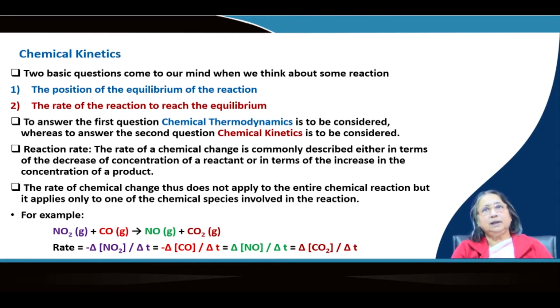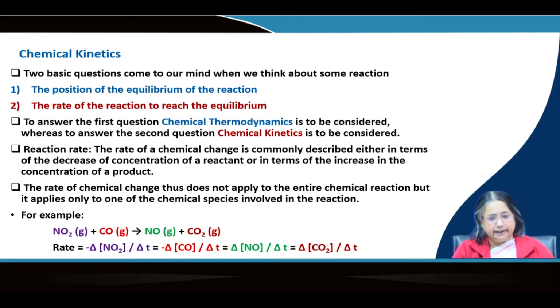When we talk about chemical equilibrium, then we never tell about the speed of the reaction. That means whether it will be fast or slow, and that will be handled in chemical kinetics. To answer the first question, chemical thermodynamics is important, and to answer the second question, chemical kinetics is important.